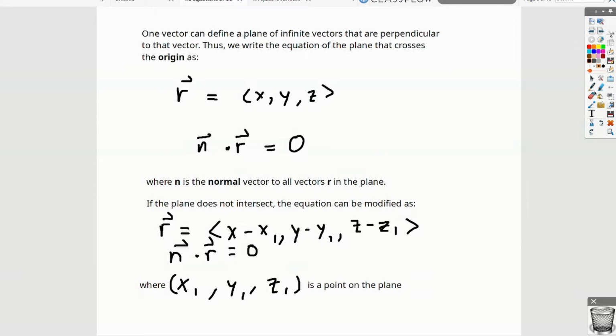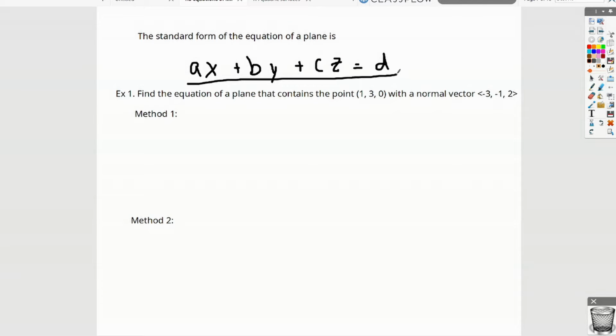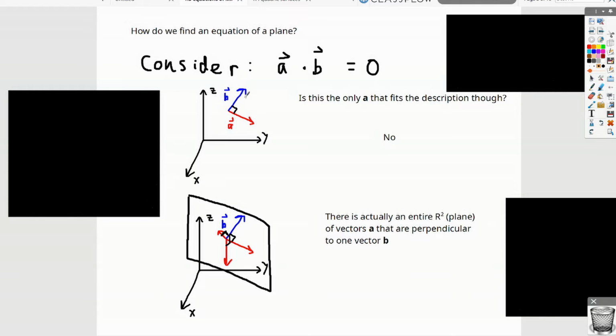Our equation is going to be of the form AX plus BY plus CZ equals D, where A, B, and C is your normal vector. So your B is A, B, and C, and your A is X, Y, Z.